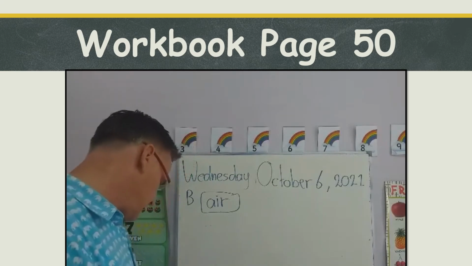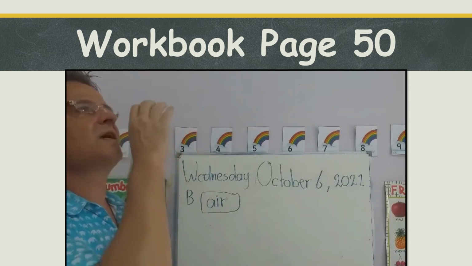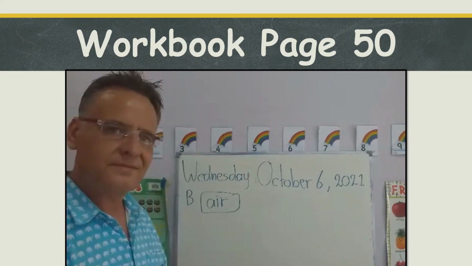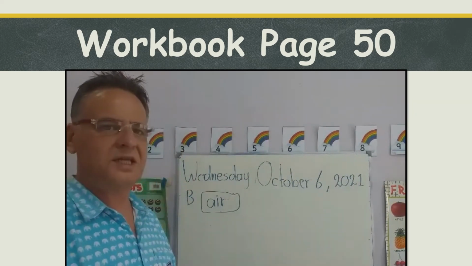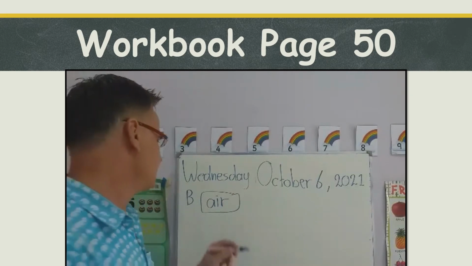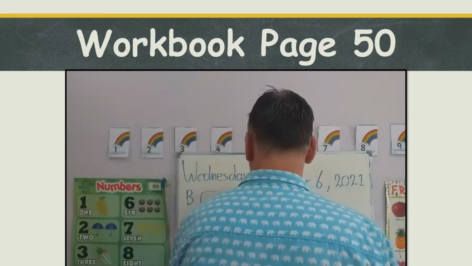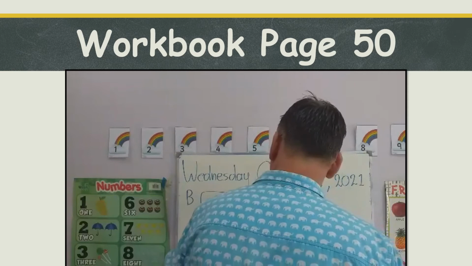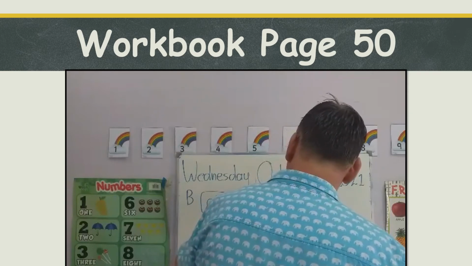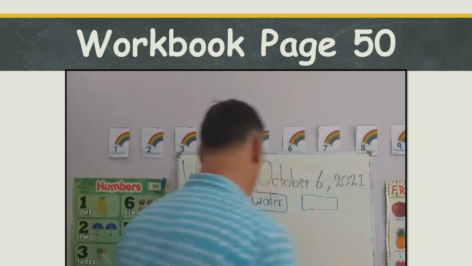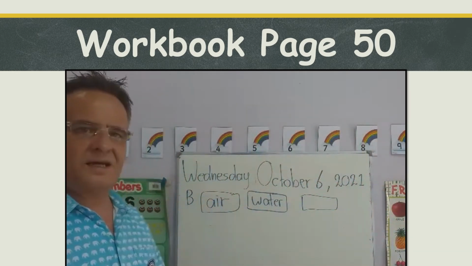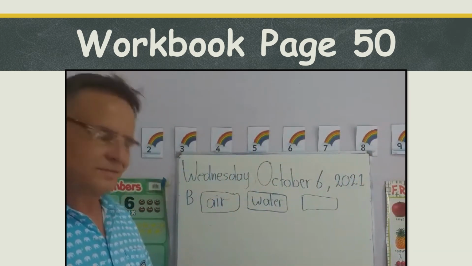Then you look at the second picture, the boy is drinking. What is he drinking? Green tea? No, it's not green tea. Oh, water. Okay, so the boy is drinking water. We need water to stay alive as well. And then in the third box, look at him.